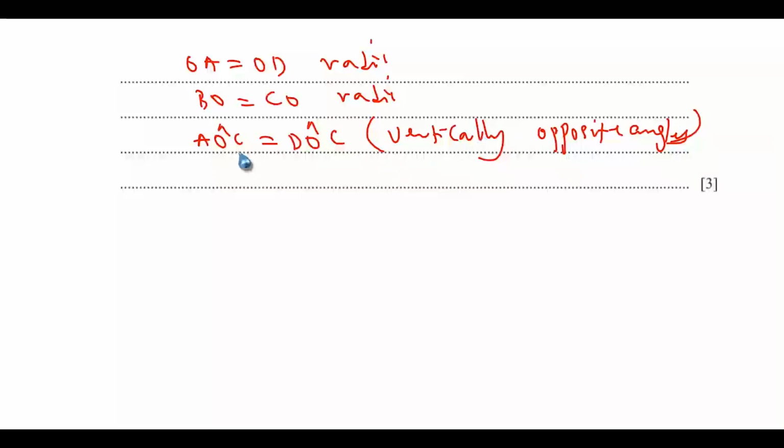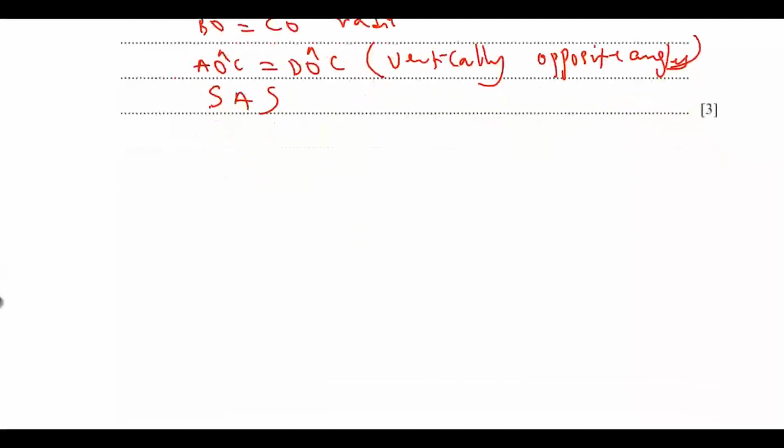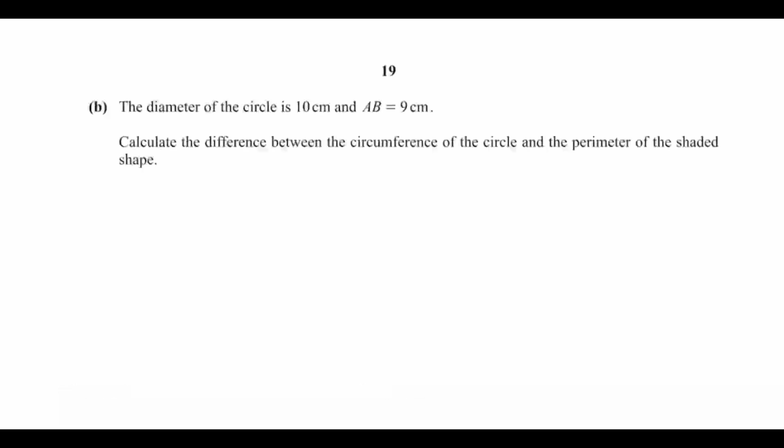So the criterion for the congruence will be SAS, that is side, angle, side. So that is for 10A. Let's see the next question, question 10B.